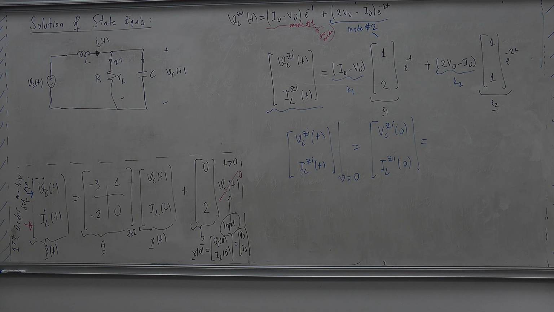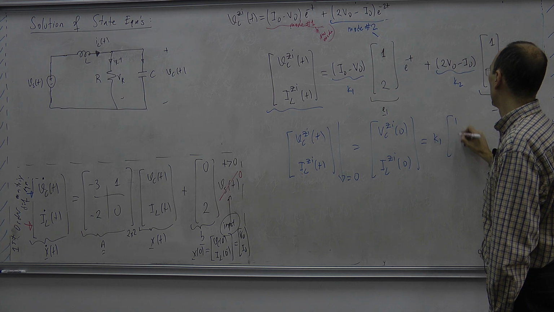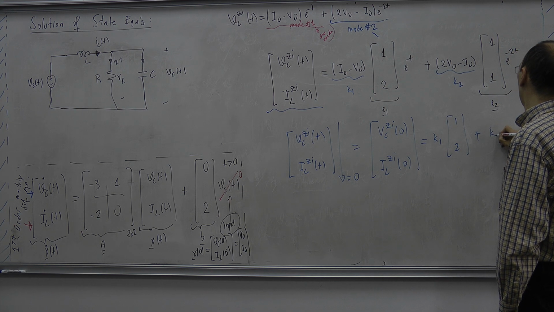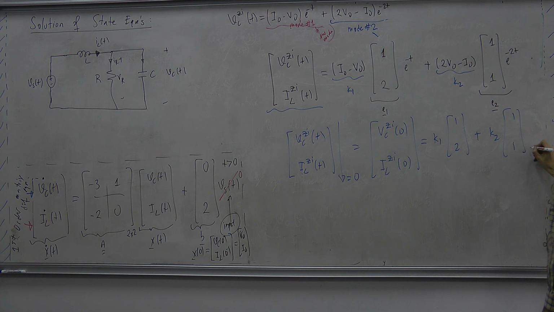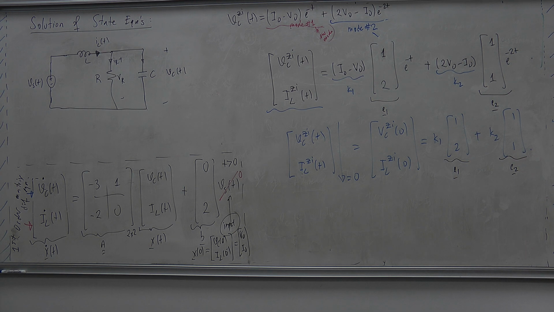Okay? So if that is equal to 0, now evaluate this at t is equal to 0. You have K1 times 1, 2 plus K2 times 1, 1. Am I right? So this is E1, this is E2.